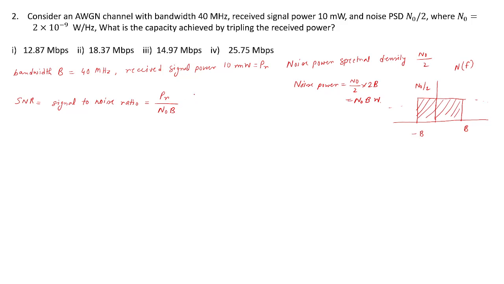This is a dimensionless quantity. Now let us write down the capacity expression. Basically the question asks what capacity we can achieve by tripling the received power. So instead of PR, we are using 3 PR. That's the question. So let us write down our present capacity.